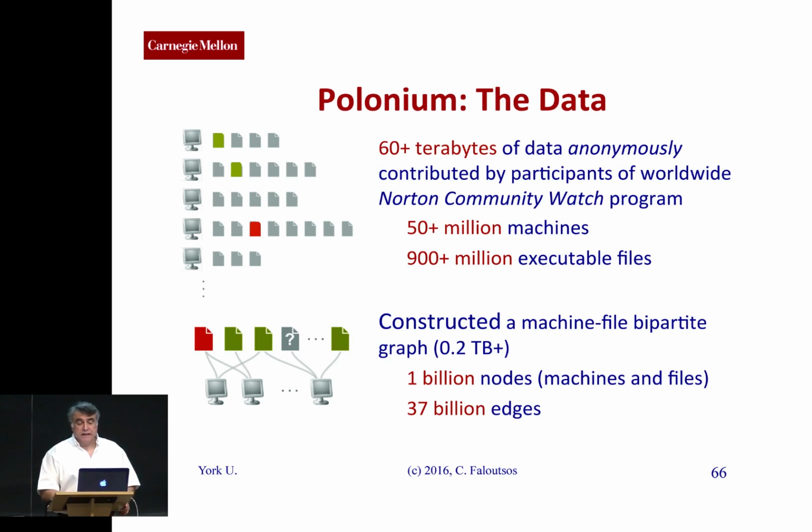60 terabytes of data collected anonymously by Symantec. For every machine, if you have a Symantec antivirus program running on your machine, then this will be one of these, your machine. And for every executable file you have on your machine, the Symantec software assigns a score, and it says, I know this is clean. This has a hash code. This has a signature which is verified clean.